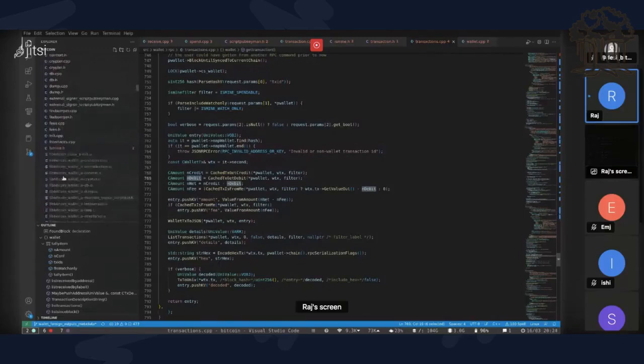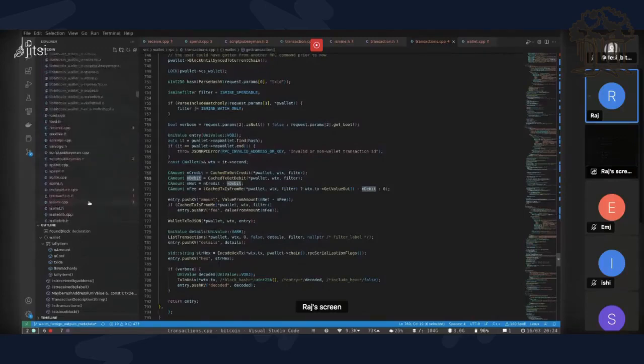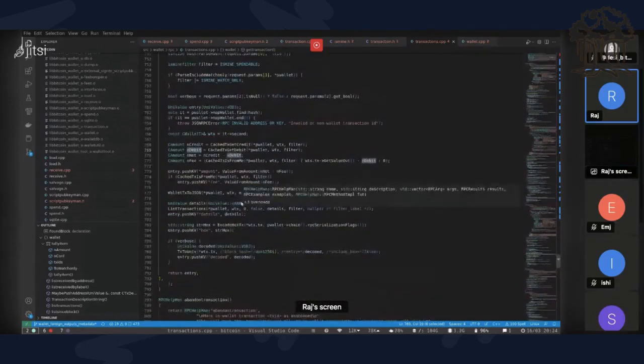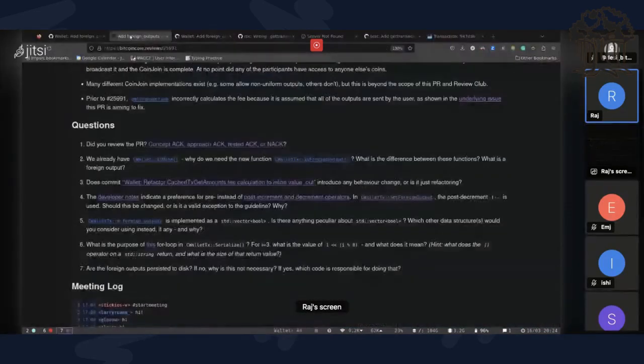We can also go through the question set covered over here, but these are mostly C++ related questions rather than PR related questions. So unless anybody is specifically interested in a specific part of this question set, we can skip it for this week.